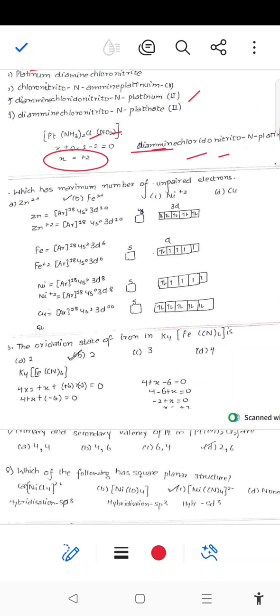Next, which has the maximum number of unpaired electrons: Zn2+, Fe2+, Ni2+ or Cu2+? As we know, zinc is 3d10 4s2. After loss of 2 electrons, it is 3d10. In the case of iron, it is 3d6 4s2. After loss of the 2 electrons, it is 3d6 electronic configuration, that is 4 unpaired electrons. And in the case of nickel, it is 3d8 4s2.